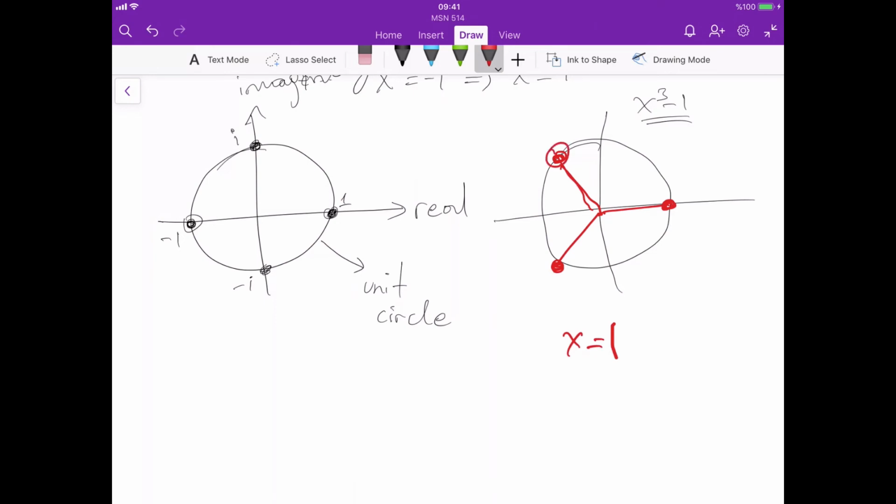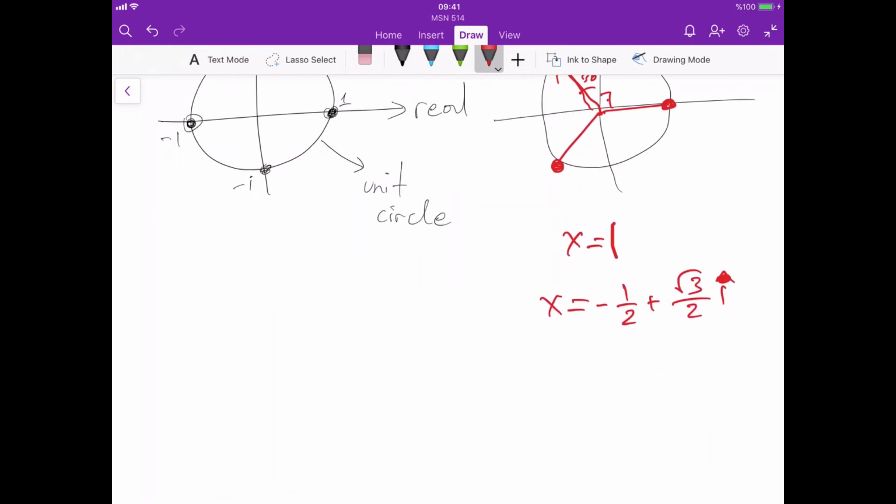What is this one? So it's 90 degrees here, 30 degrees here, right? So this one is minus 1 over 2 plus square root 3 over 2 i. Oh, physics habits. Sorry. And this one is minus 1 over 2 minus square root 3 over 2 i.